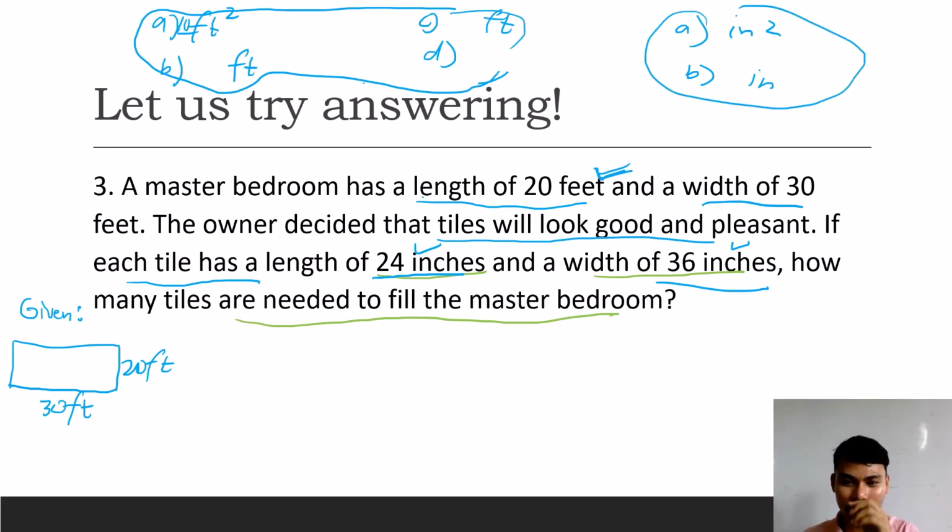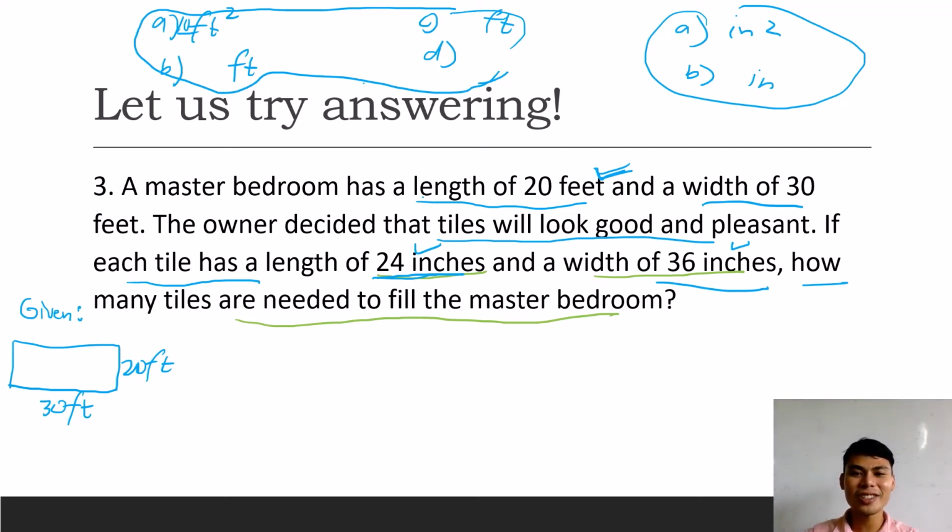But now, look, how many tiles are needed to fill the master bedroom? Tiles are what we are looking for. So you might ask, should it be in feet or inches? It's your way. But if I have to answer that, it's easier, especially with the given 24 inches. See, the conversion is needed too.